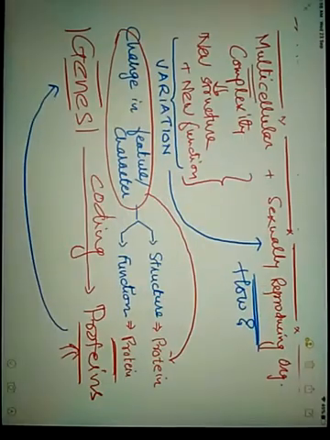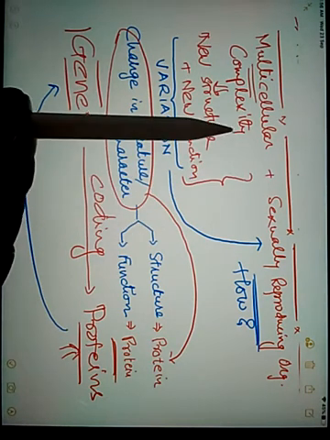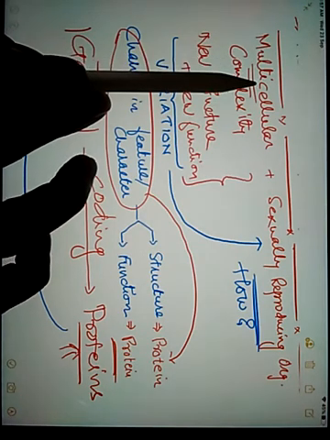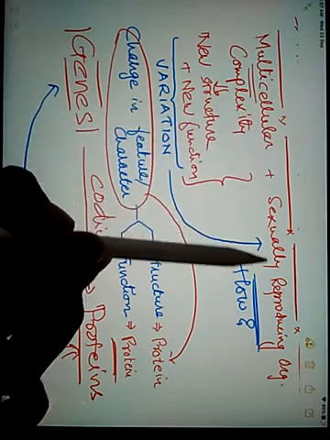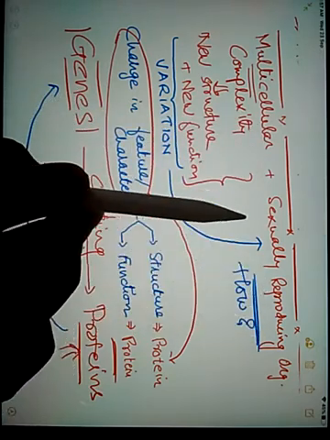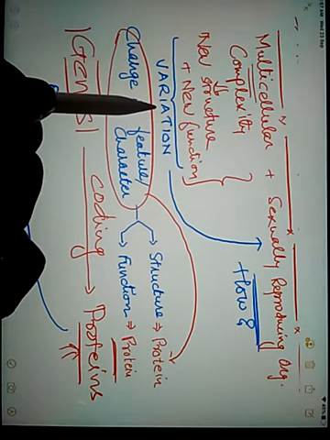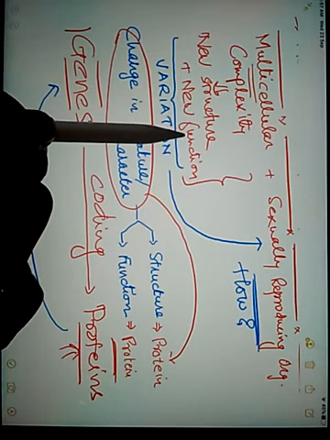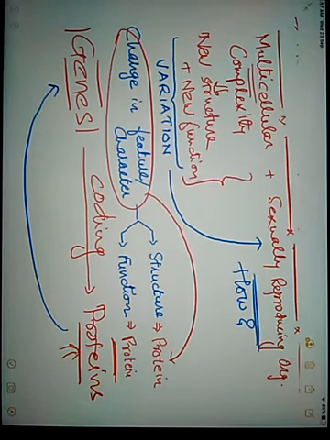In our last discussion, our requirement was multicellular organisms. We are sexually reproducing organisms which show a great number of variations, that is either new structure or new function, and in that manner we show huge complexity.